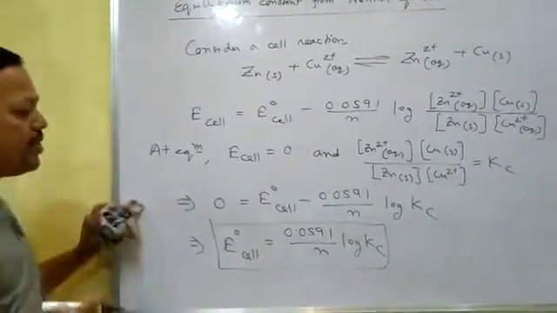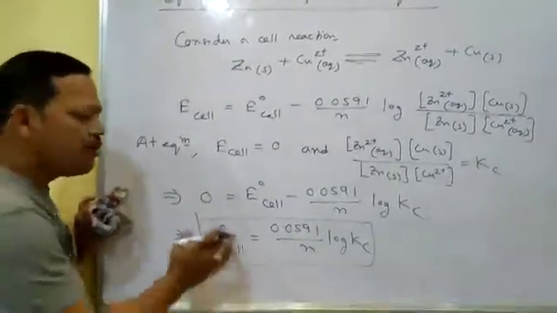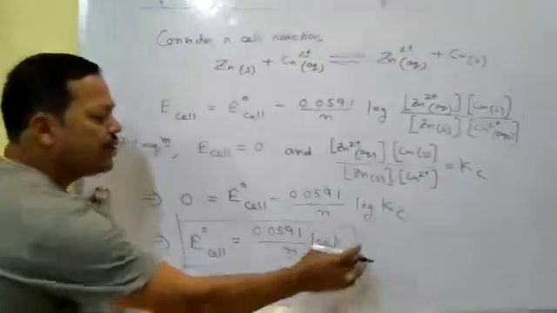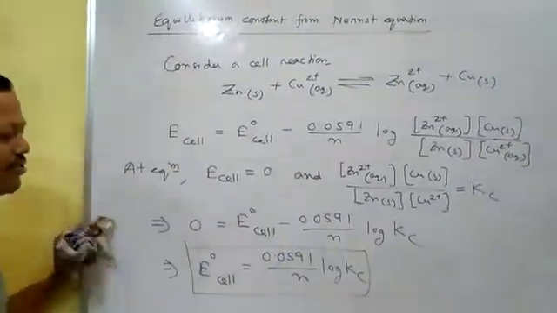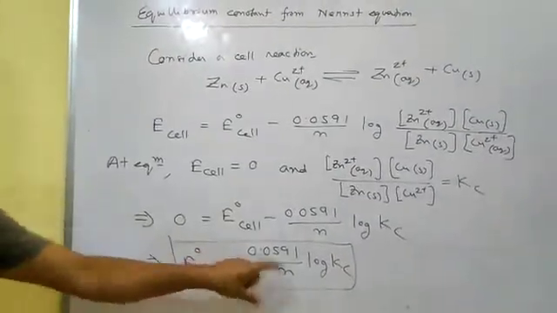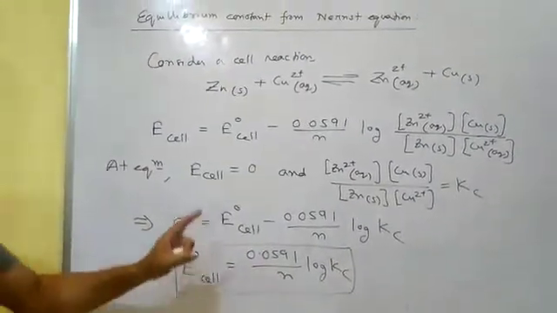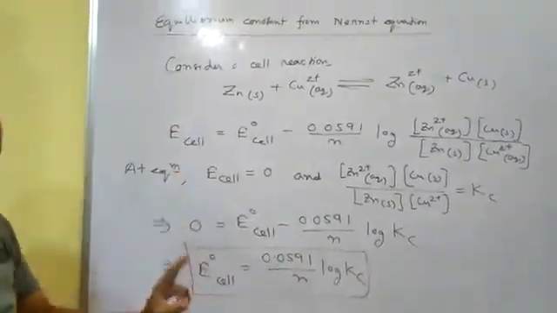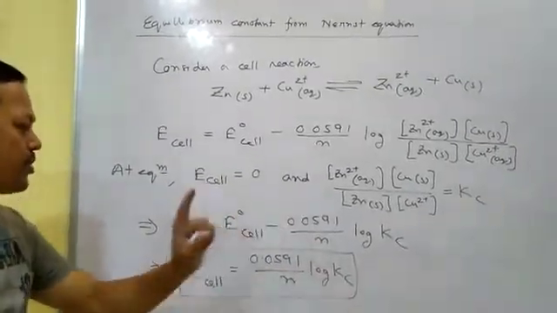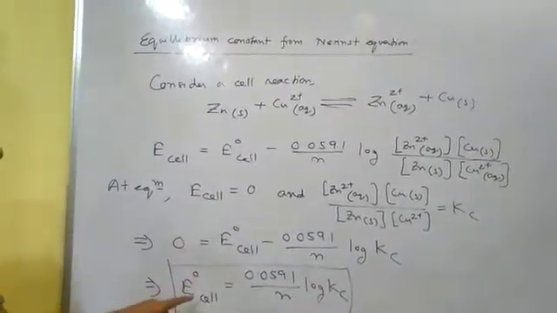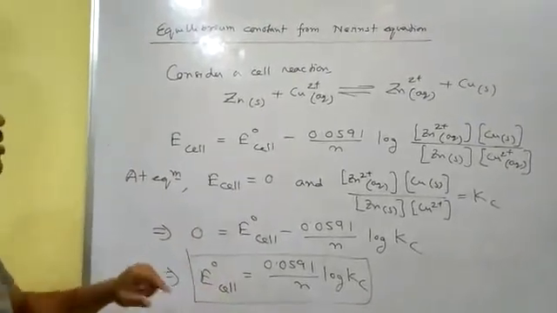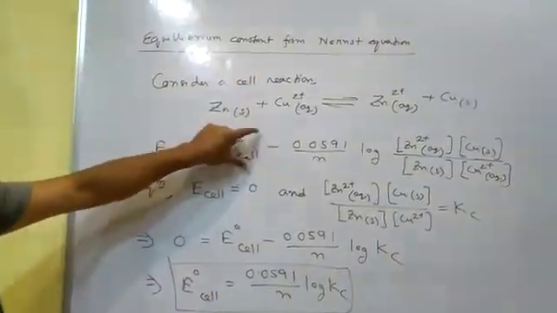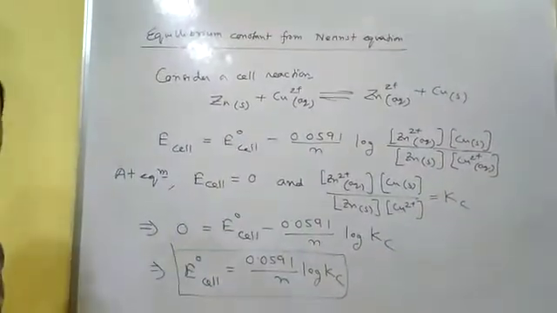So in some equation E naught cell will be given, you can find out the value of Kc, and depending on your reaction how much electron gets transferred, that number of moles of electron you have to put here. So like this way you can find out the relationship between the equilibrium constant Kc and the standard potential of the cell, standard EMF of the cell. So from the Nernst equation you can find out the relation.